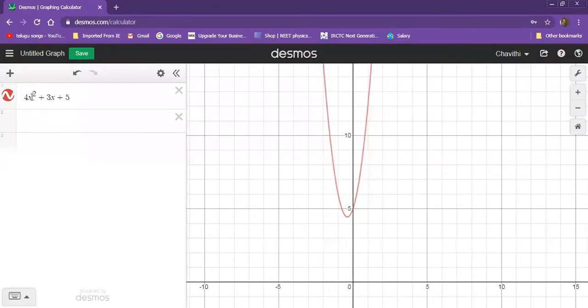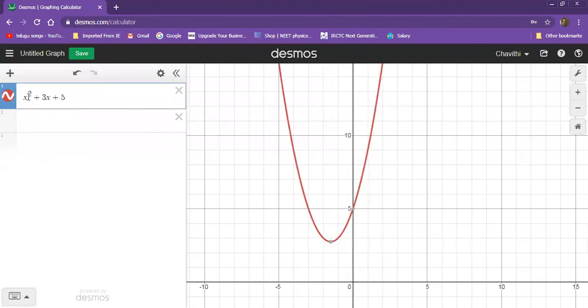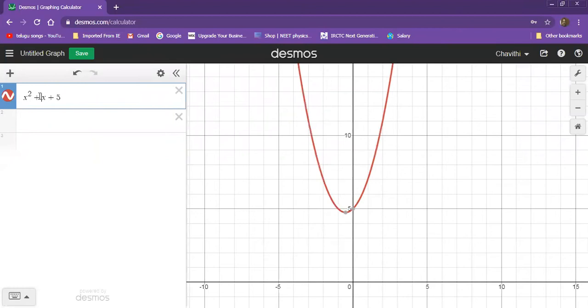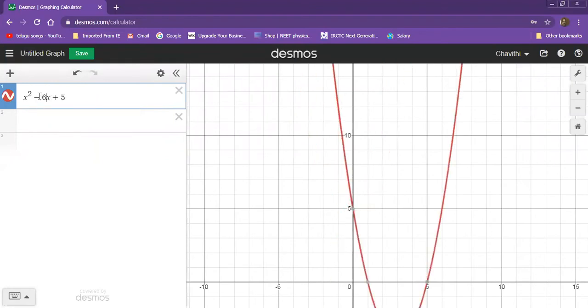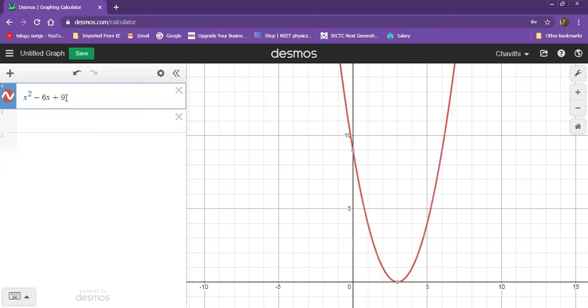So our equation is x square minus 6x plus 9. You can see this graph now.